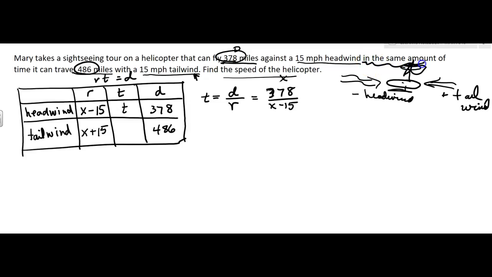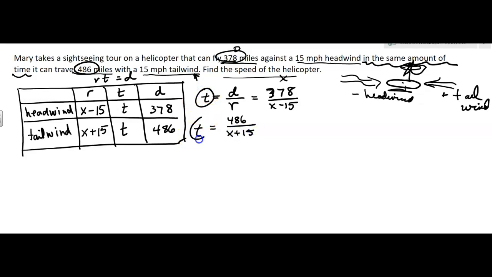But now where does it say it? Right here, in the same amount of time. So t is the same. It's the same time to go the 378 miles as it is to go the 486 miles. It's just that you're going farther with a tailwind because the tailwind's helping you move along. So my second row tells me that the time is equal to distance over rate, which is 486 over x plus 15.